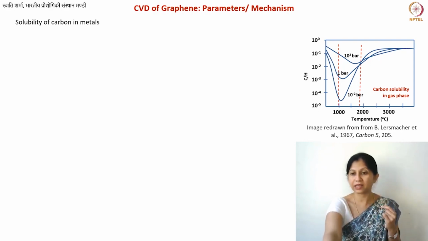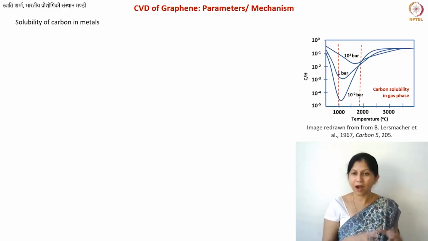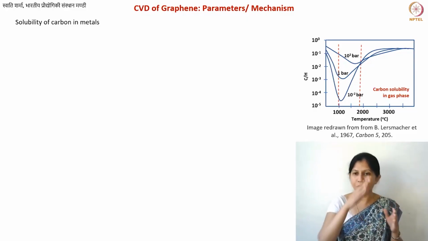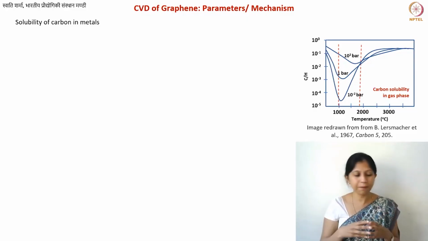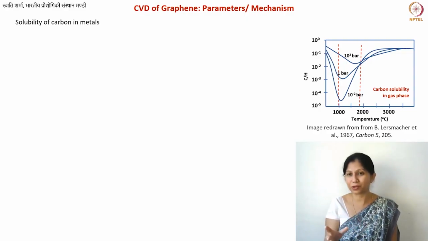Here I have again pasted these curves that I had shown you in the methane pyrolysis lecture. These are the solubility curves. Carbon solubility in gas phase. This is more or less a pattern that you see. Then of course, for different metals, for different temperatures, these curves will vary. They will shift here and there. But this is sort of the profile.